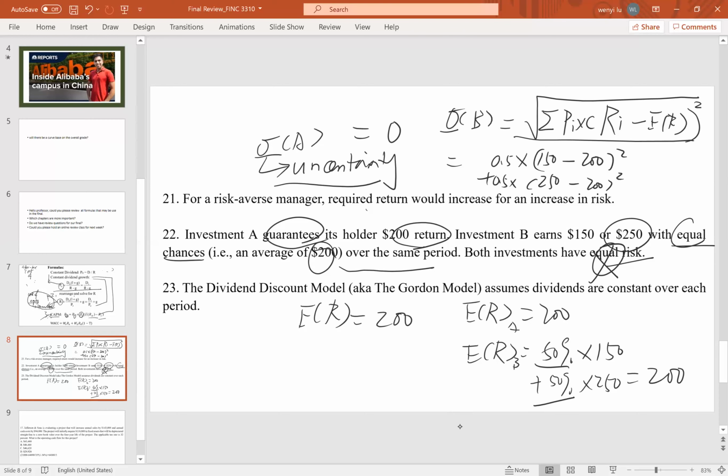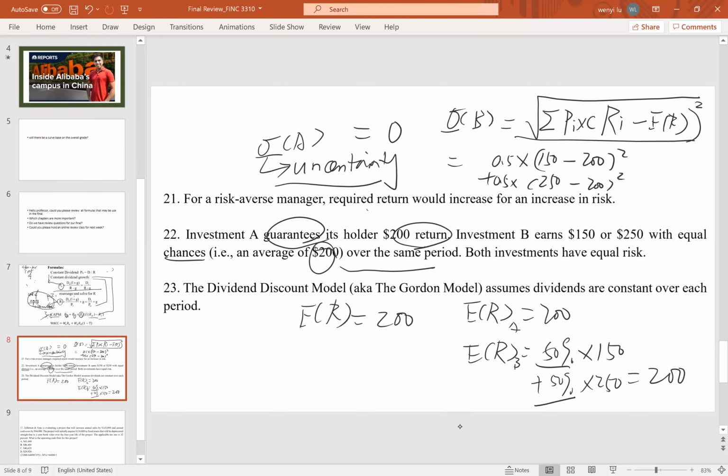This is the calculation of the variance. The variance taken to the square root will be the standard deviation. So we have 0.5 times 2500, plus 0.5 times 2500, so we have 2500. Taking the square root will be 50.